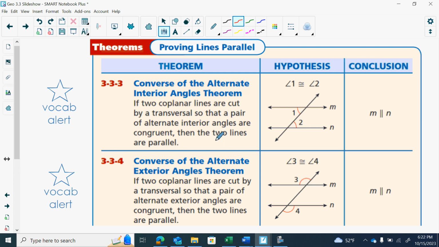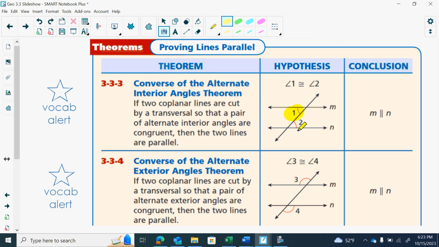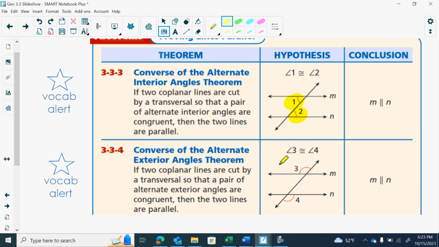Again, this is just the converse of the alternate interior angles theorem that you already know from 3.2. Basically that says, if you are given two angles that are congruent and they're alternate interior angles, then you can say the lines are parallel. The converse of the alternate exterior angles theorem says the same thing. If I'm given two alternate exterior angles that are congruent, then I can say the lines are parallel.